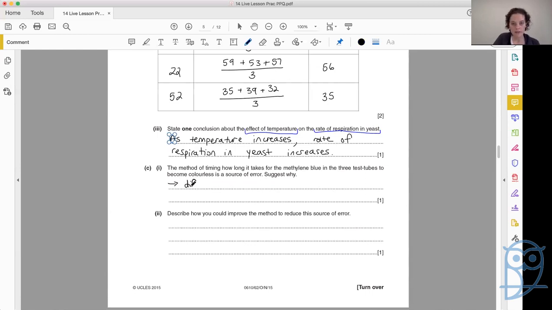You can say it's difficult to watch all test tubes simultaneously. Or you could say that it is difficult to judge the endpoint.